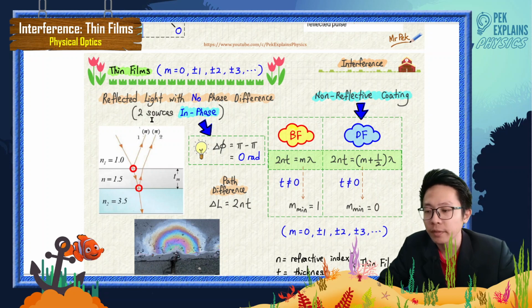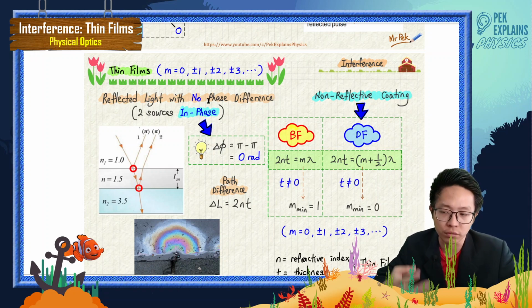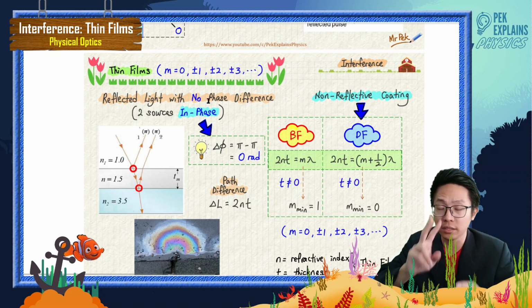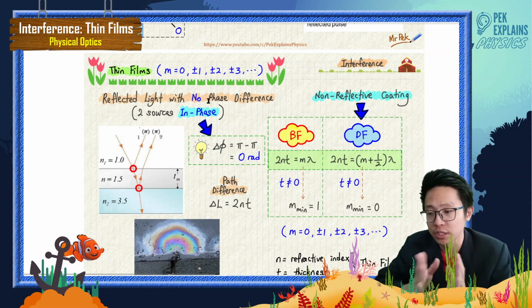Two sources in phase means reflected light with no phase difference. If these two reflected lights have no phase difference between them, that means they are in phase.